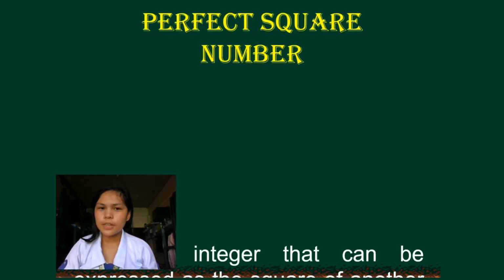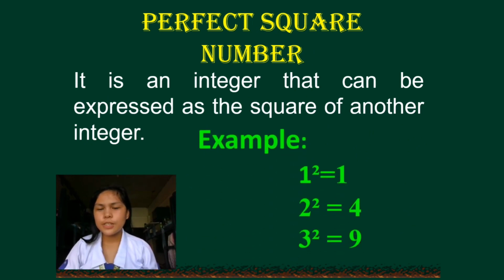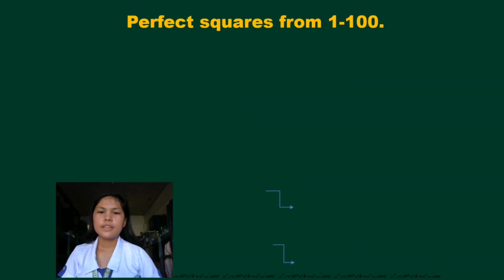As Ms. Reniza said, this method is only suitable for a perfect square number. So what is a perfect square number? A perfect square number is an integer that can be expressed as the square of another integer. So for example, 1 squared is equal to 1, 2 squared is equal to 4, 3 squared is equal to 9, and so on.